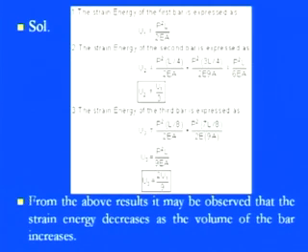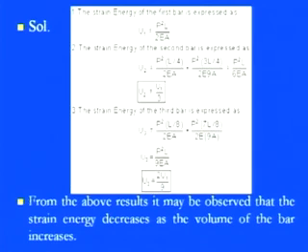Initially it was reduced by 33%, and now it is reduced by 22%. So you see the great influence on the stored or strain energy under the same load application when we increase or decrease the diameter. This is of great importance, as it shows how stiff that part is.